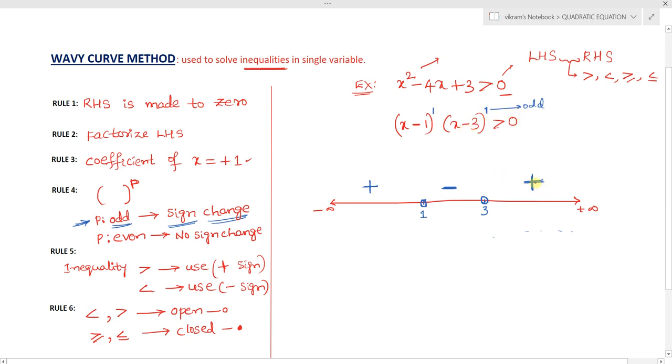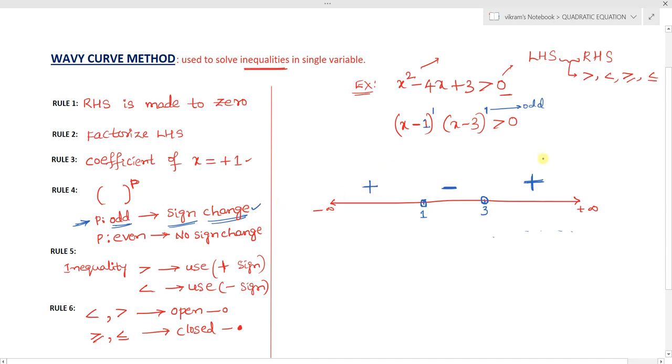Up to it we have a plus sign, and now we need to change the sign. Again moving towards minus infinity, we obtain the value x equal to 1. After reaching this, the factor x minus 1 again has an odd power, so again we need to change. If the power is odd, then we need to change the sign.